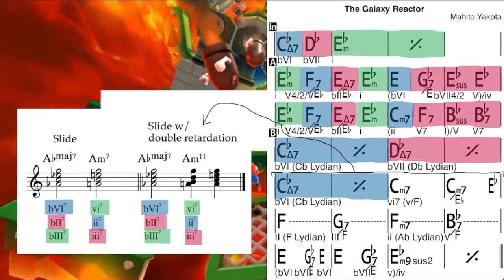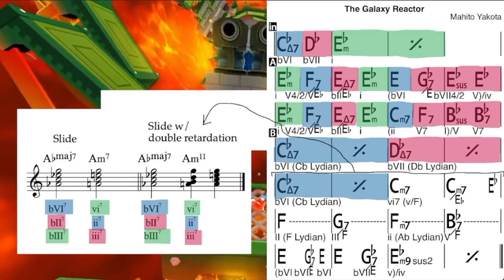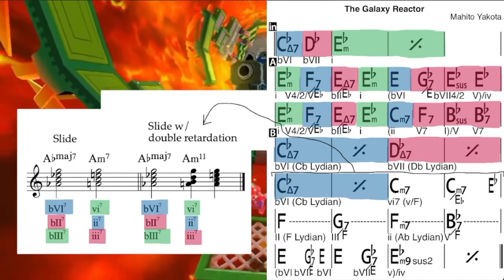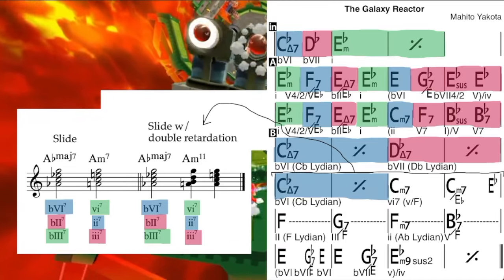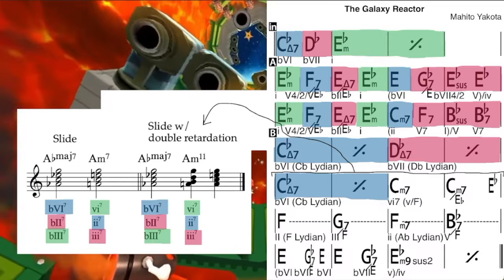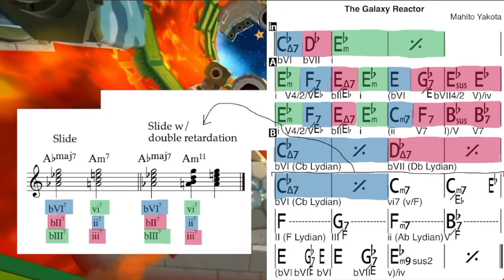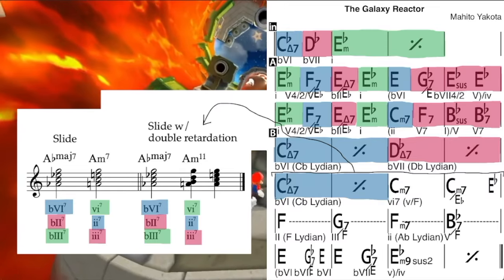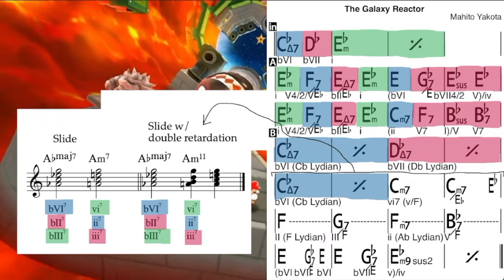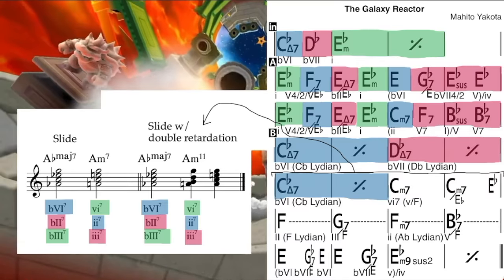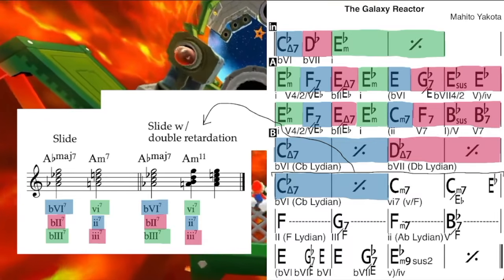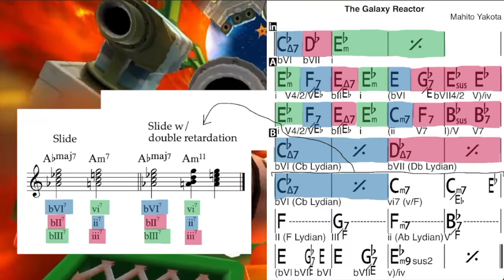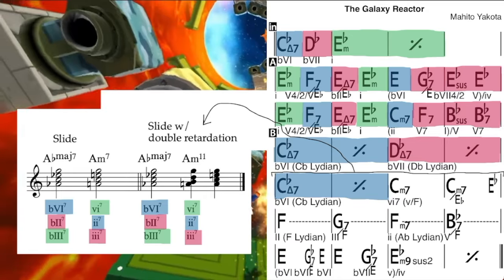And then you have also flat 3 going to 3. Which is like a tonic function chord going to a dominant function. So what function is it? Really, you could use this in any context.